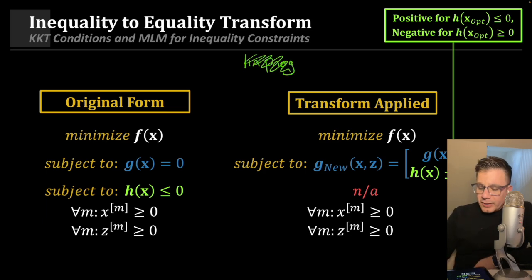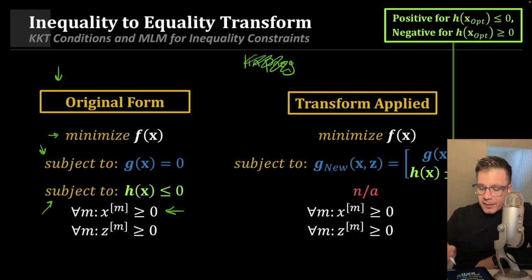All right, so let's take a look at the transform in symbolic or mathematical terms. Our original form of the problem is shown to the left. We want to minimize an objective function f of x, subject to some equality constraints g of x, as well as some inequality constraints h of x less than or equal to 0.